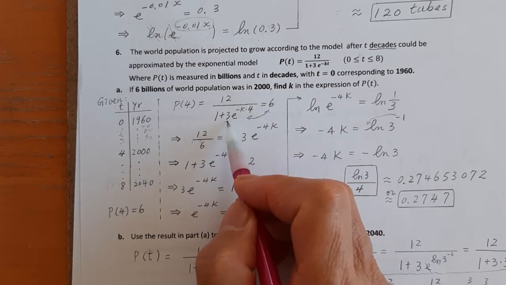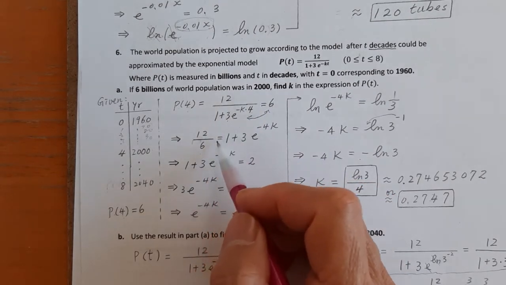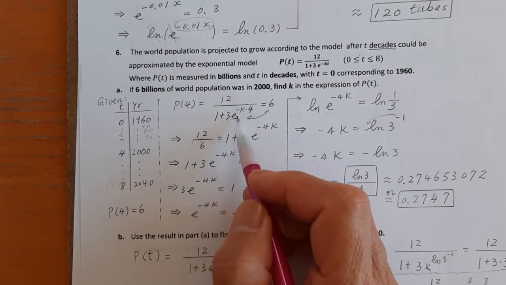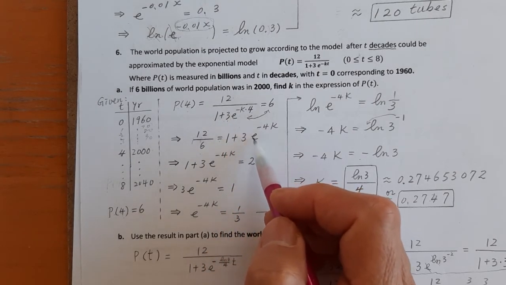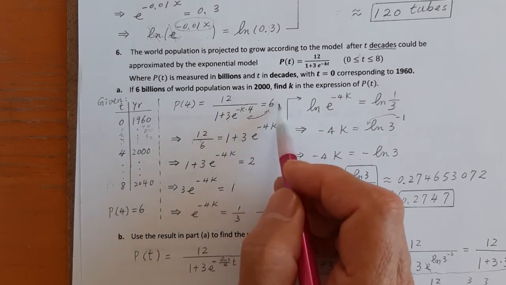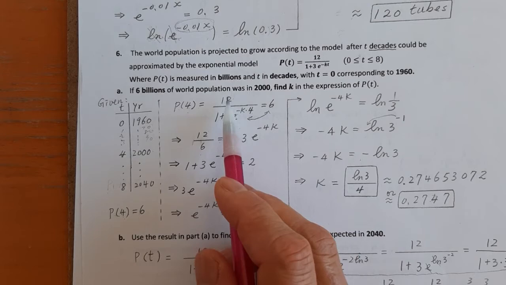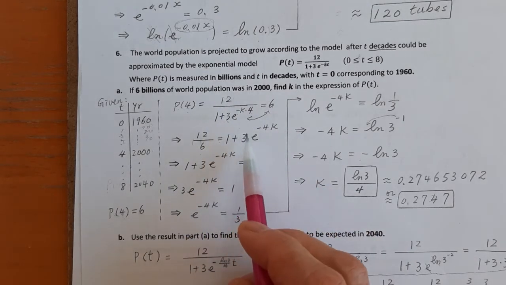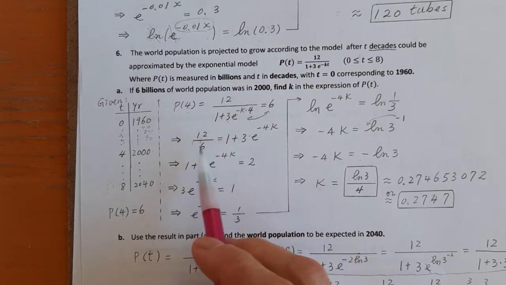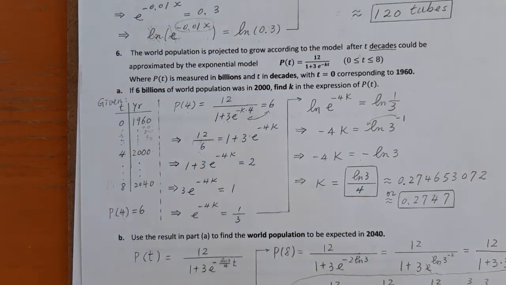To solve for k, you do the exchange. 6 goes to the denominator: 12 over 6 equals 1 plus 3 e to the power negative 4k on the right side. Because this times this equals 12, you can switch them.